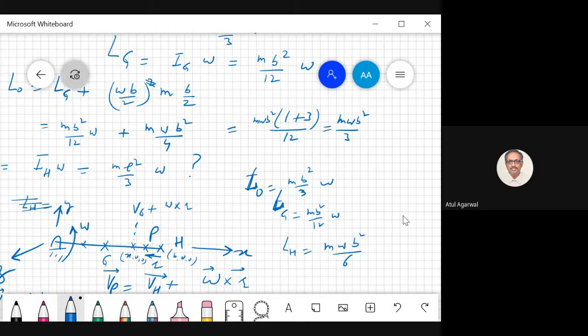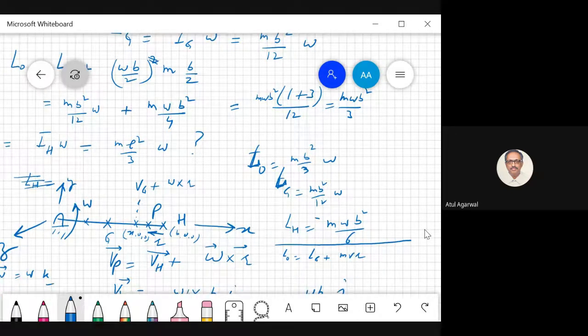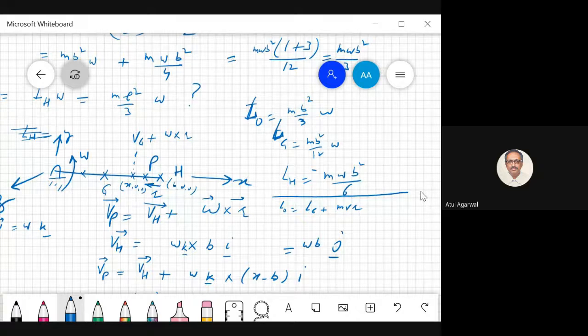Now let us see. How did we calculate LG? What we did was LO was equal to LG plus m v r. Let us see if we do the same trick here. LH plus m, what is the velocity of this last point?